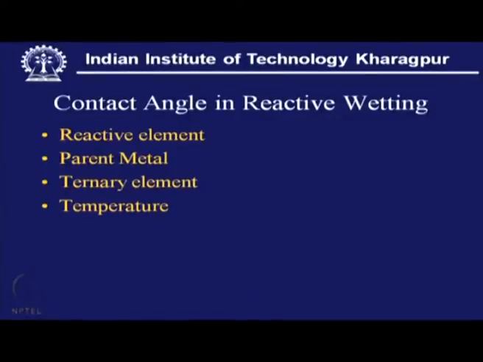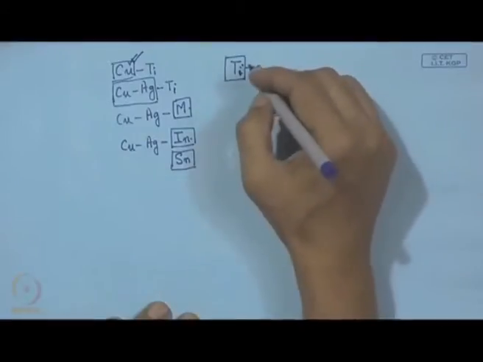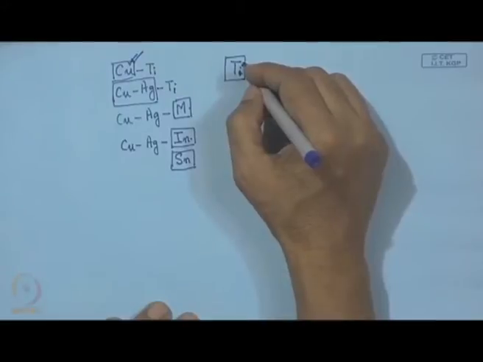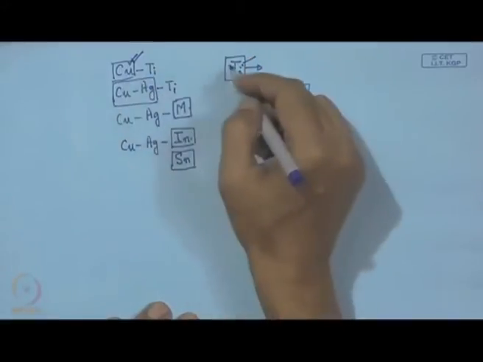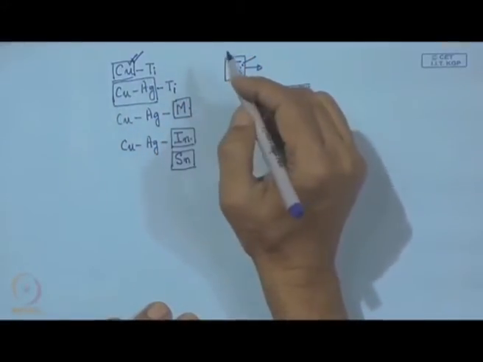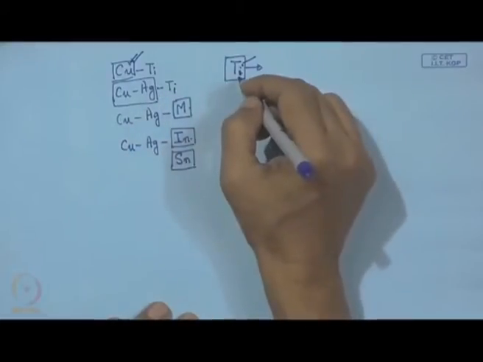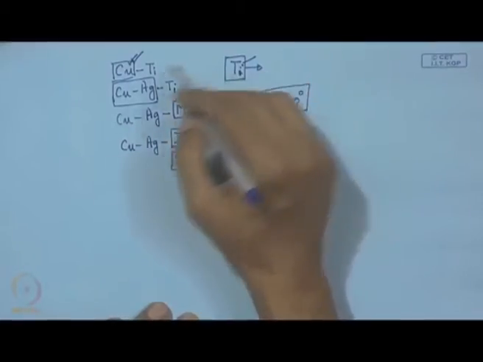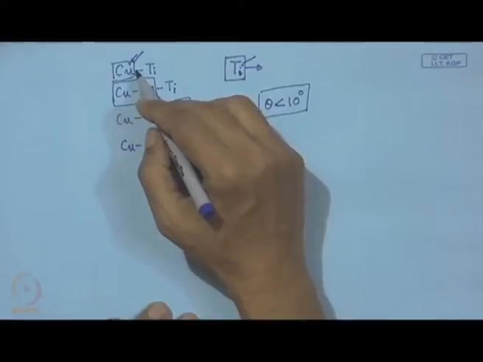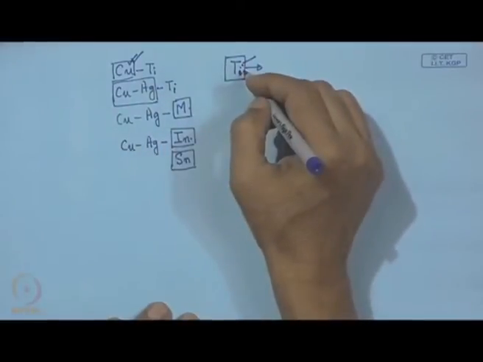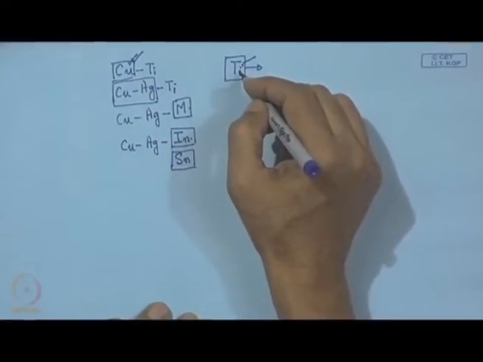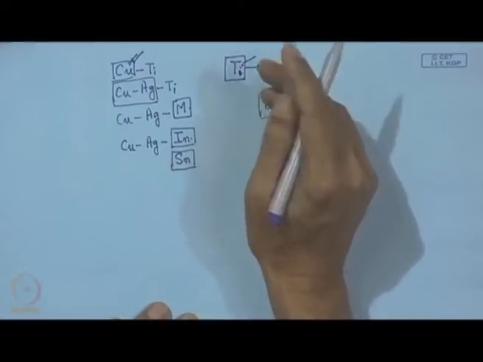Now, one major issue to be considered here is the solubility of titanium in the alloy, because it is a solution, or the activity of titanium. If solubility is higher, then the activity of this reactive element will decrease.